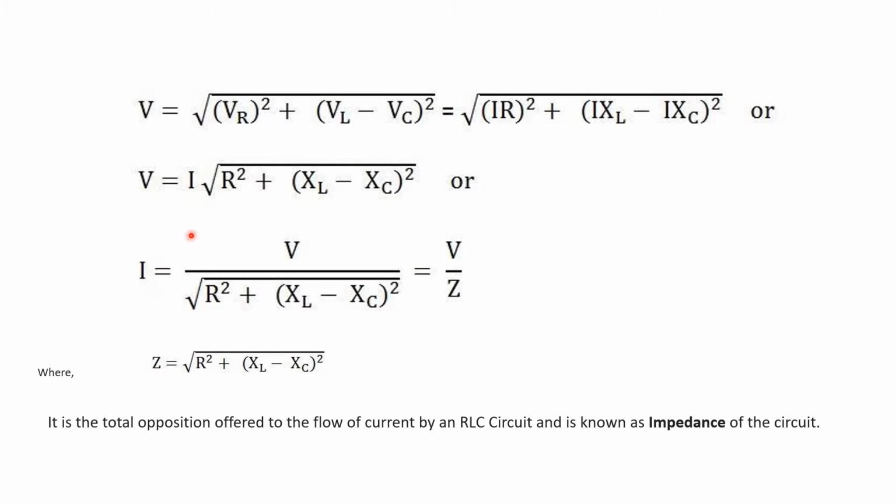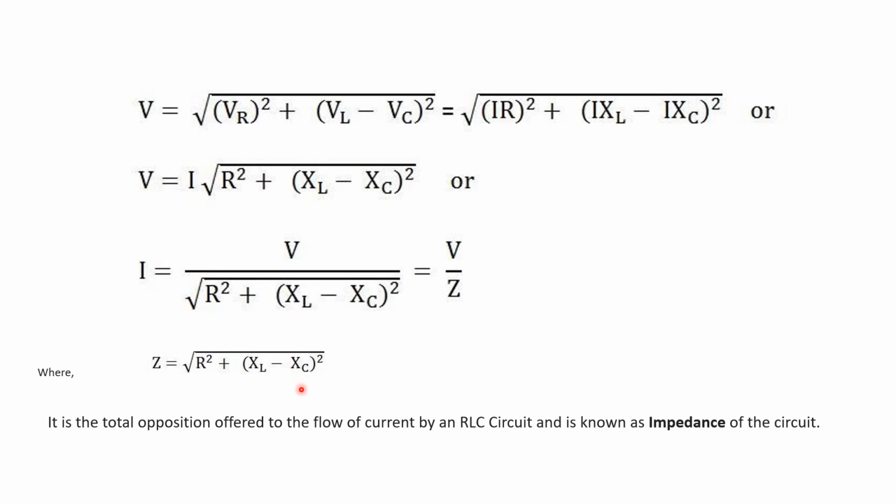Now if we rearrange the terms, I is equal to V upon the square root of R squared plus XL minus XC squared, and this is nothing but the impedance Z, which we can get from the impedance triangle. So I is equal to V upon Z, and Z is equal to the square root of R squared plus XL minus XC squared, that is the total opposition offered by resistance, inductive reactance and capacitive reactance.